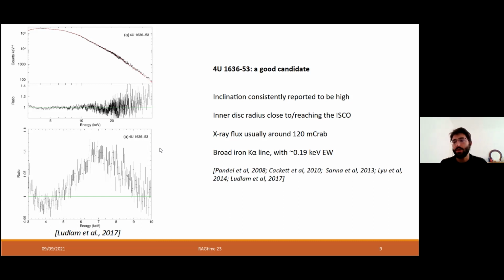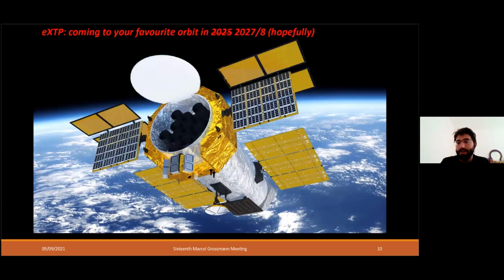So we analyzed NuSTAR observations of it, but unfortunately, we do not have the proper signal-to-noise ratio. Current instrumentation simply doesn't have the statistics to find such small variations of the flux and properly constrain the neutron star radius from it. So what we did is we turned our eyes to the future, and in particular, we did simulations with the eXTP instrumentation. eXTP is an X-ray satellite that will be launched hopefully in 2027, 2028.